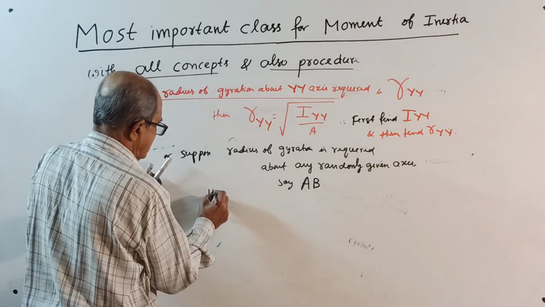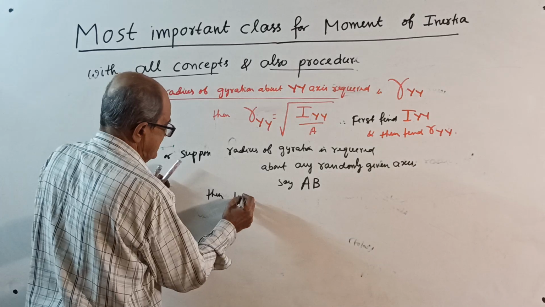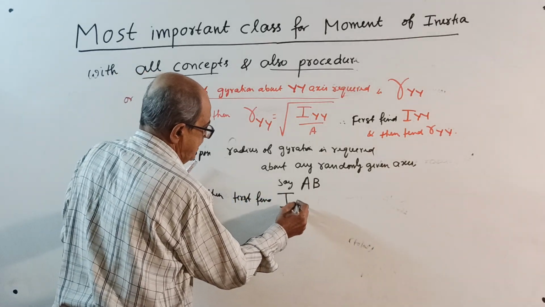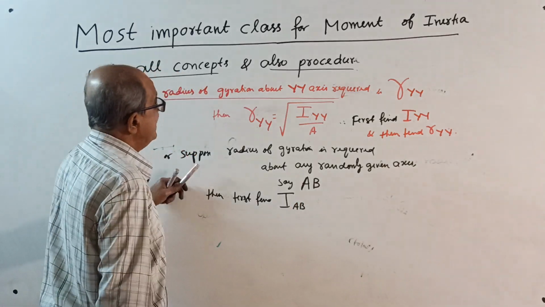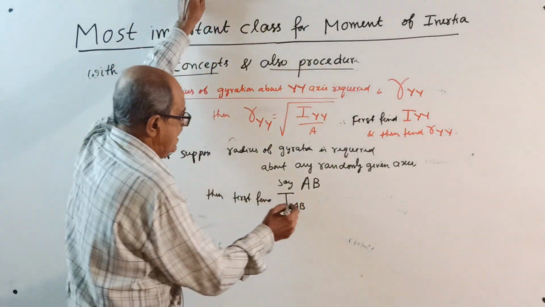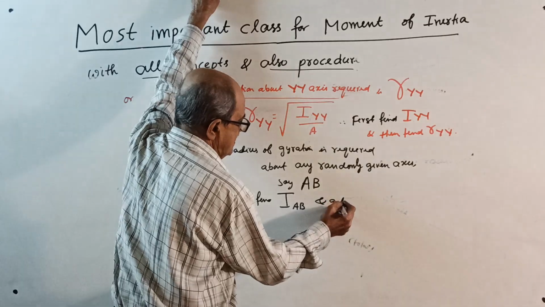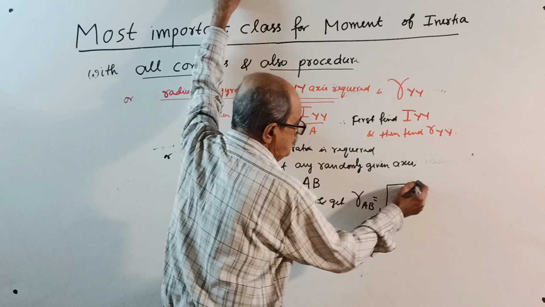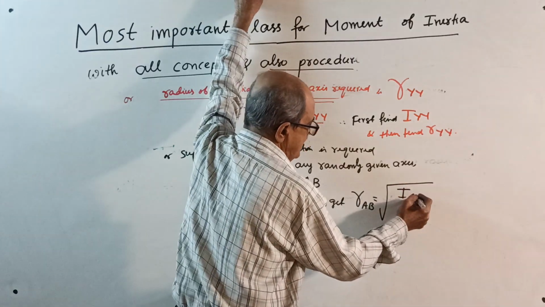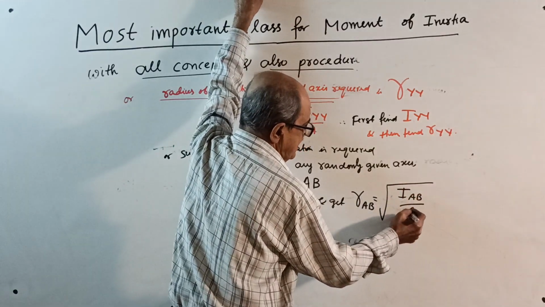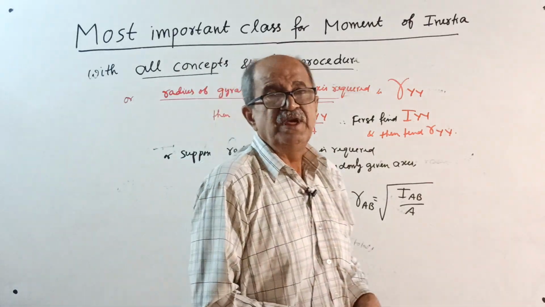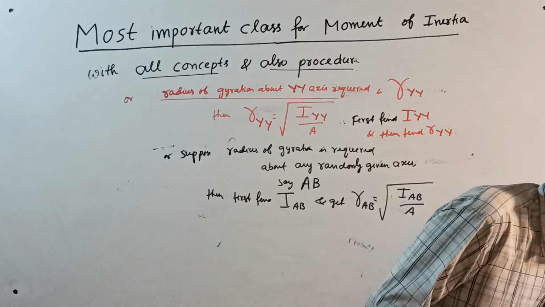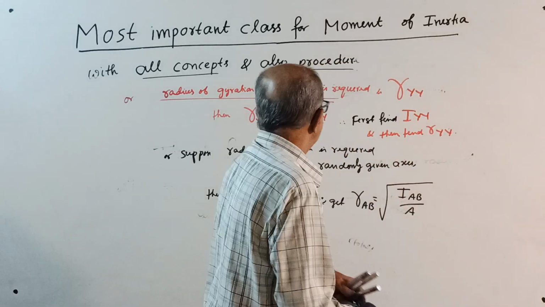Then first find I about AB, first find moment of inertia about AB, and get RAB by the formula root of IAB divided by area. So, don't say, sir, instead of moment of inertia they have given radius of gyration. That is also the same.